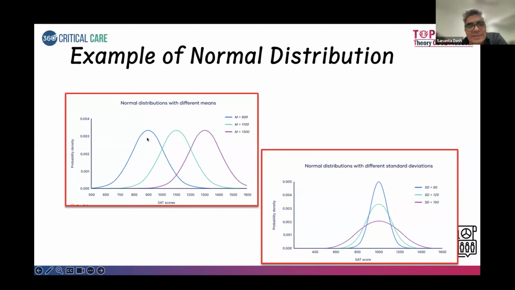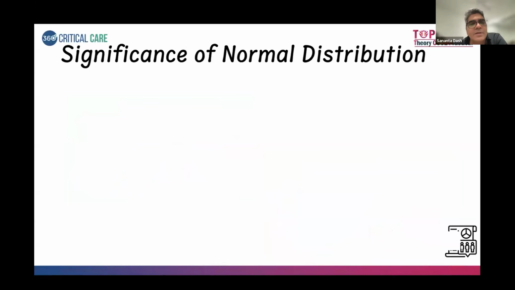In this case, you can see the means are different, but the standard deviations are more or less similar. In this case, the mean is the same, but the standard deviations are different. So these can be different types of presentation of different data that will have a normal distribution and different types of values of mean and standard deviation.